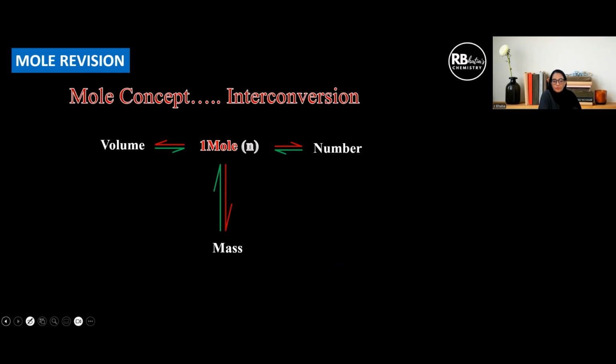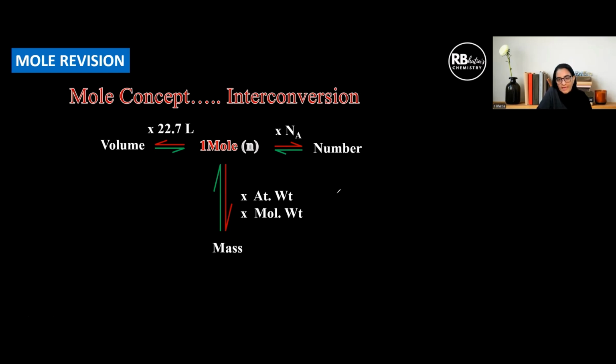The formulas that we're going to use, children, just try and understand them. If I want to convert a given weight or a given number or a given volume to number of moles, I want to calculate the number of moles in a given weight of a compound, I'm going to divide it by gram molecular weight. If it's an element, I'll be dividing it by gram atomic weight. If I want to calculate the number of moles when the number of atoms is given to me, I'm going to divide it by Avogadro number.